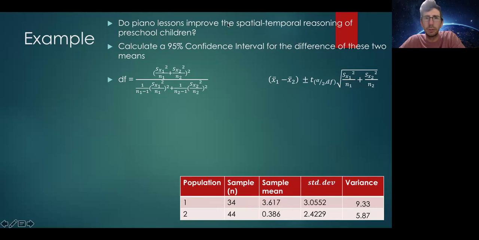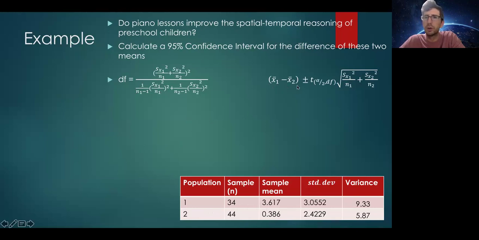And then in our second population, we have preschool children that do not take piano lessons. And so this is their sample average score, the standard deviation of their scores, and the variance of their scores.